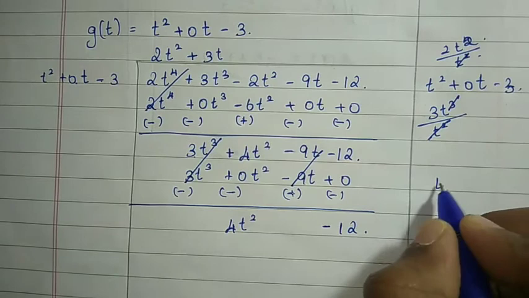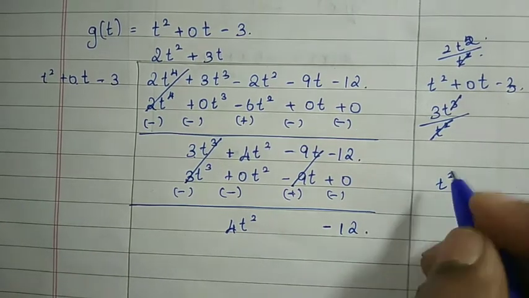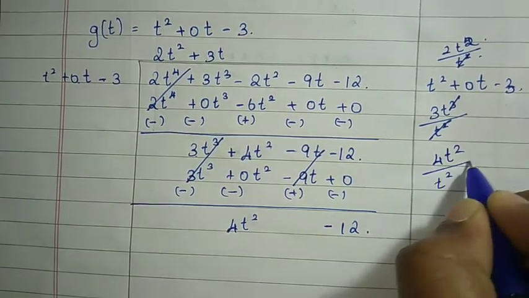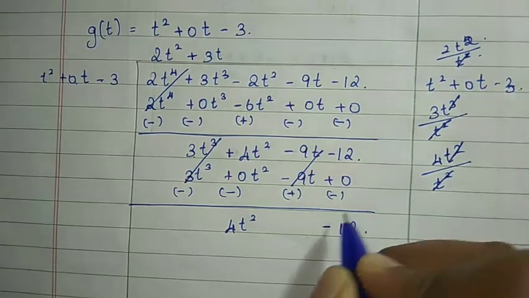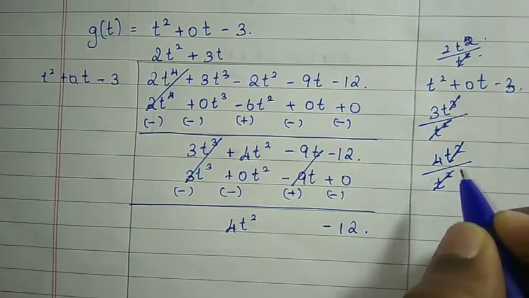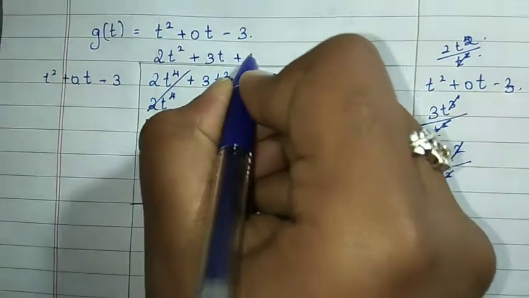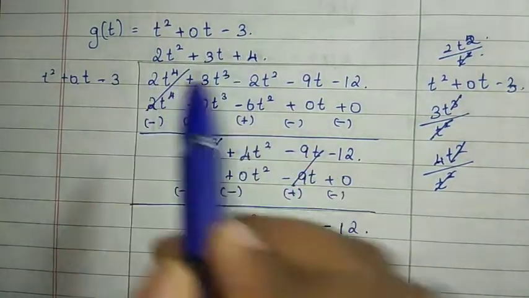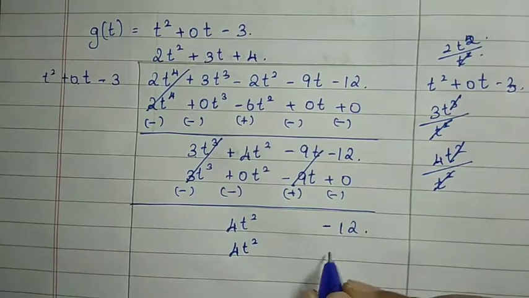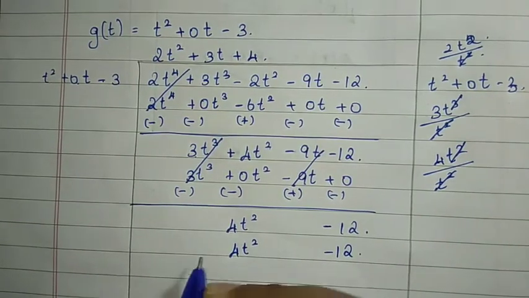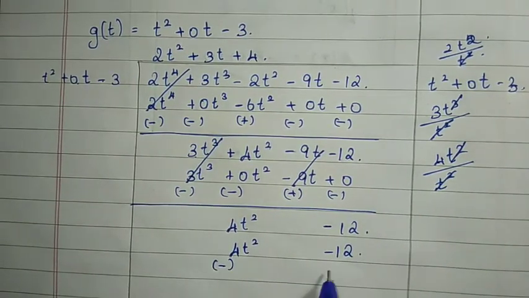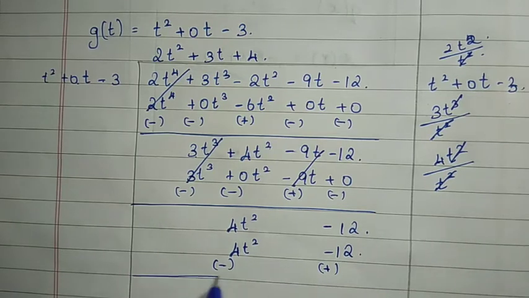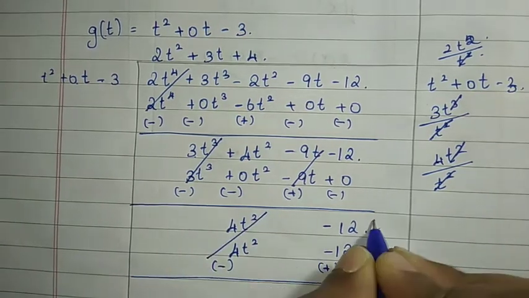So I have t square in the g of t. I have to have 4t square, isn't it? So I will be cancelling these two. So I will have t alone. So plus 4. So 4t square into 0 minus 12. So I will be changing the signs throughout, minus plus. So I will be cancelling this as well as this.